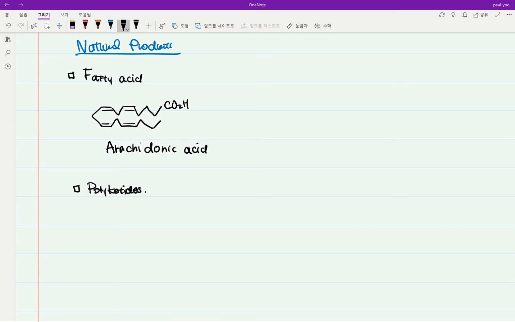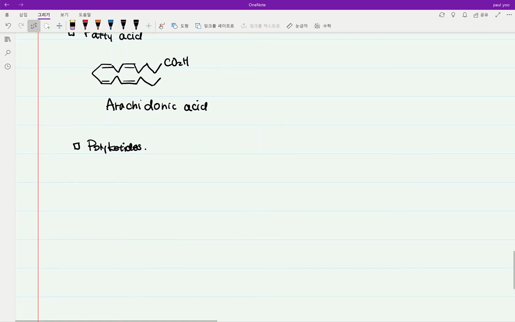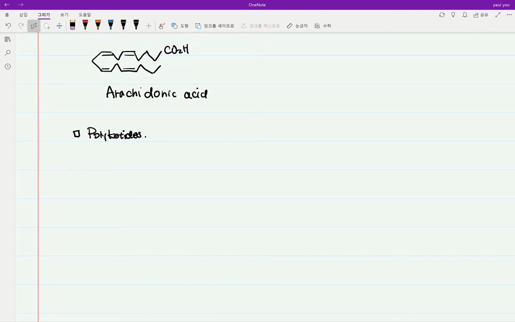Another class, polyketides, is from a polyketone precursor.